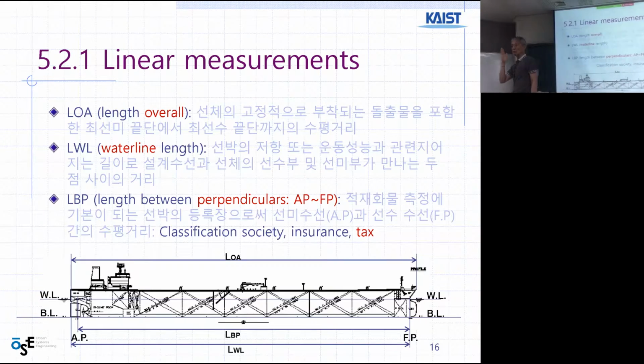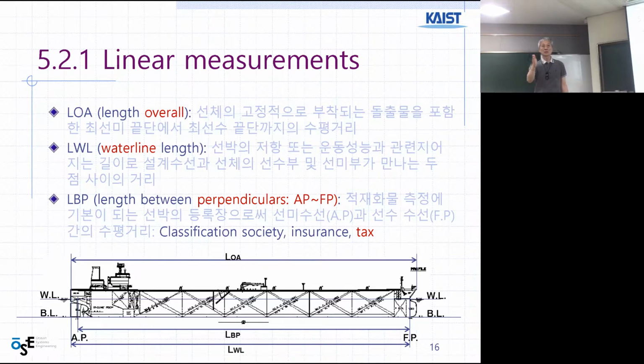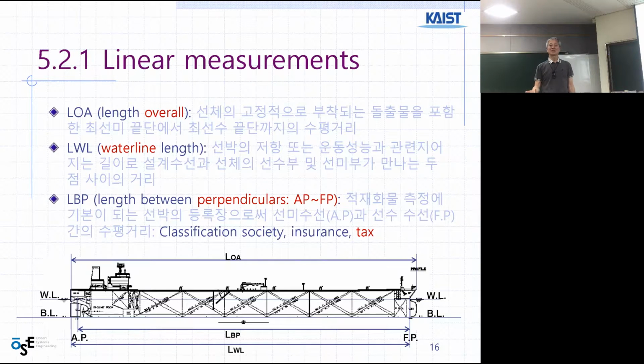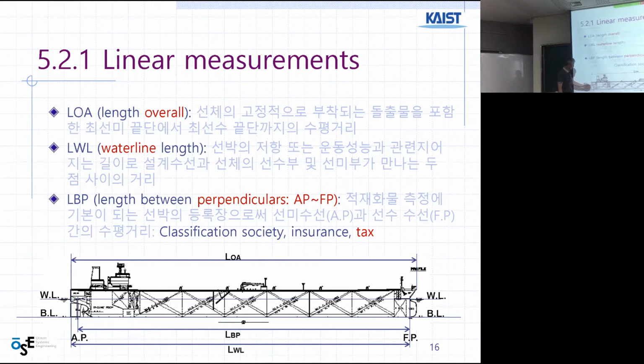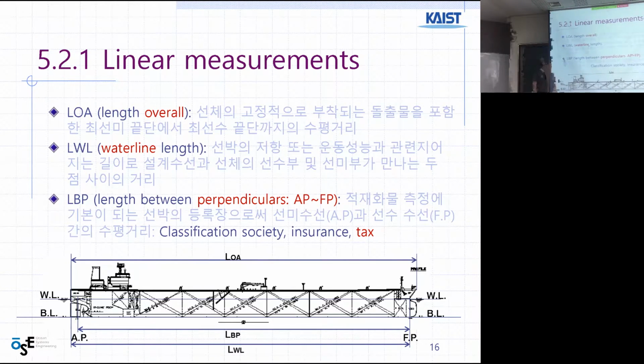If you want to modify the structural parts, you need to get permission, do the calculation again, and get permission. So this kind of division is important for the constructor and the structure.